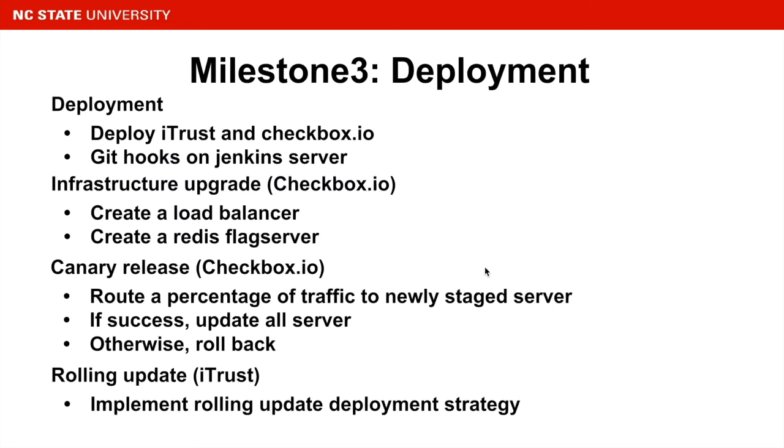Our milestone 3 is deployment. In each milestone we deploy these two programs, and we also use the Jenkins service in GitHub, so it can automatically trigger the build in Jenkins. We also upgrade the infrastructure.